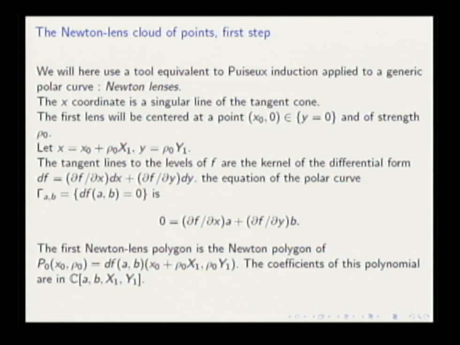Among tangent lines to a singular curve, well, there may be a few, because the curve is not necessarily irreducible. You can distinguish between two conditions.